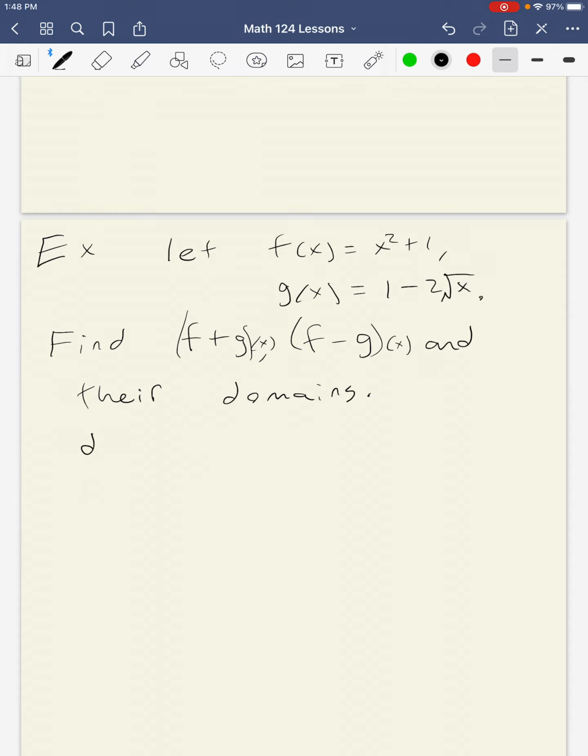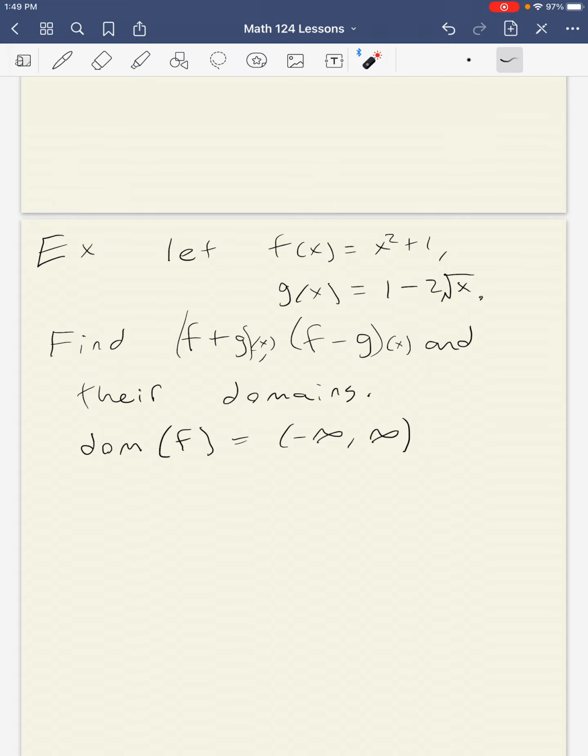So one place we can start is we could just list the domains of the original functions. The domain of f, which I'll just write as an abbreviation, DOMF, that's all real numbers. We're allowed to plug anything into the formula for f. Hopefully you understand that. The domain for g is 0 off to infinity.